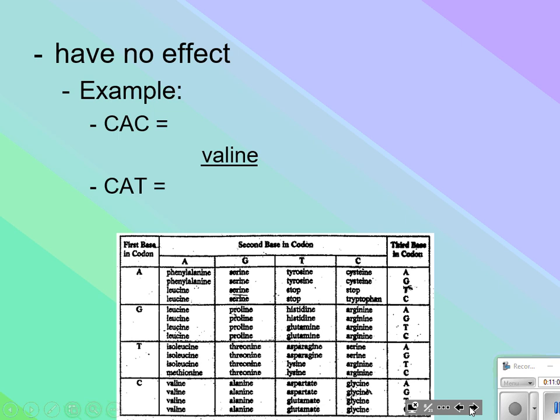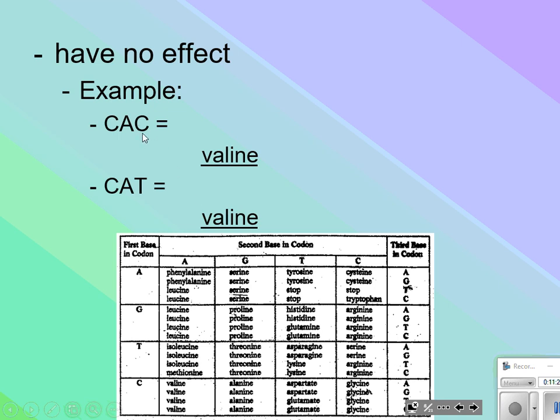Look at CAT. So we're going to look at GUA, right? What is GUA? It's also valine, right? So did we change? Did we have a mutation?